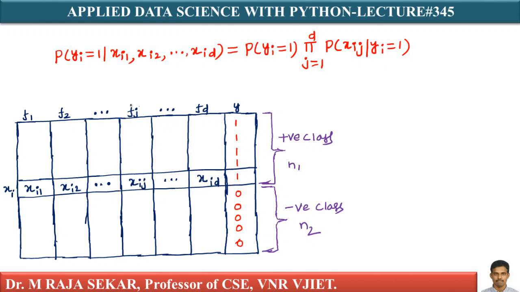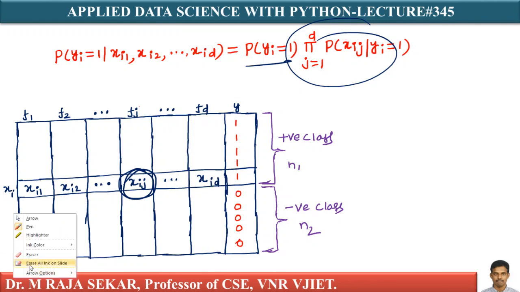If you observe, the probability of yi equal to 1 given xi1, xi2, xid is the probability of yi equal to 1 times the product over j equal to 1 to d of the probability of xij given yi equal to 1.